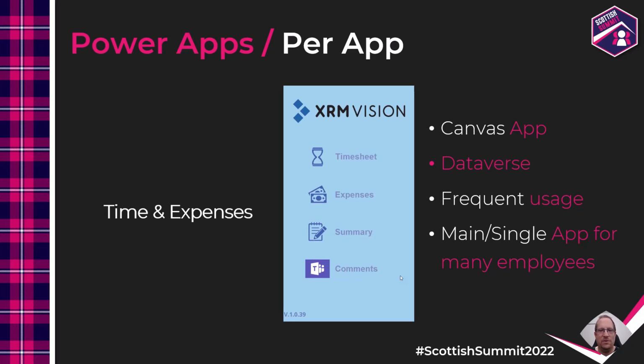We have a time and expense application at XRM Vision. It's a canvas app. It's based on Dataverse, so we need a premium license. It's used frequently on a daily basis, hopefully, sometimes on a weekly basis. But for many employees, that's their main app or a single app that they use. So for them, a per app subscription for this app makes sense.